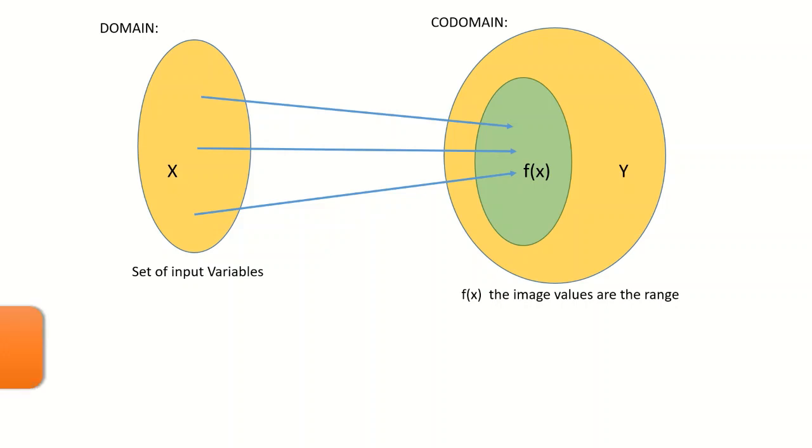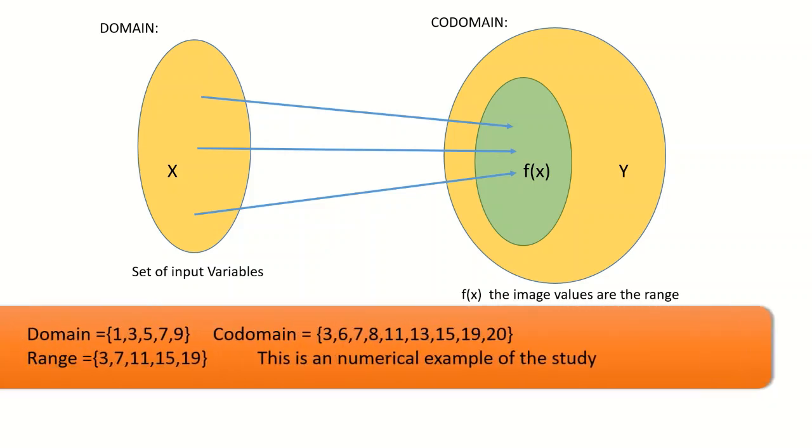Now I show you an example. A domain comprises a set of numbers, and then another codomain comprises another set of numbers, and the range is also a set of numbers which are part of the codomain.